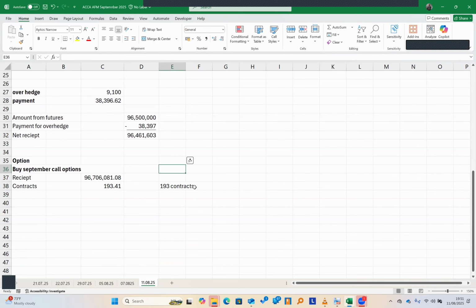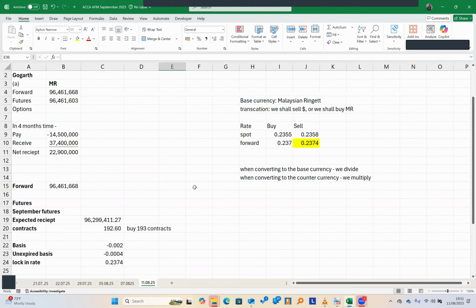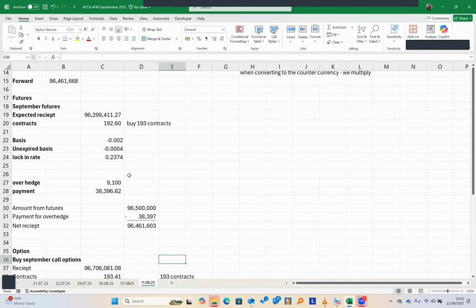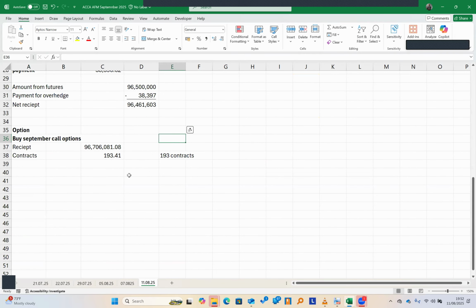So when I under-hedge, it means that I have told these people that I'm receiving 22.9 million, but what I have actually hedged for is less than that. That means that I'll have some extra dollars that I will need to actually sell at the forward rate.